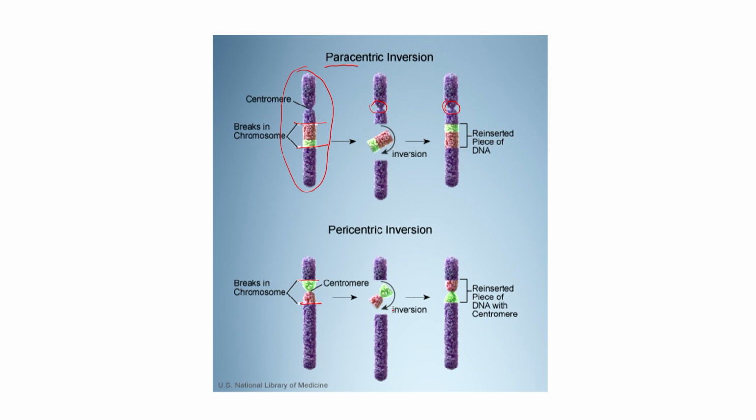And now, if this is inverted and gets associated with this, then this is called pericentric inversion. Pericentric means the inversion around the centromere. We will talk about paracentric as well as pericentric inversion, what kind of significance they have, later. But at this moment, we are talking about how structural anomalies can occur.